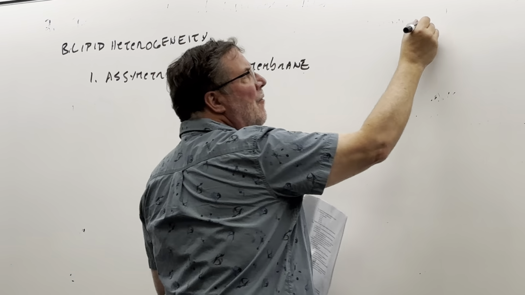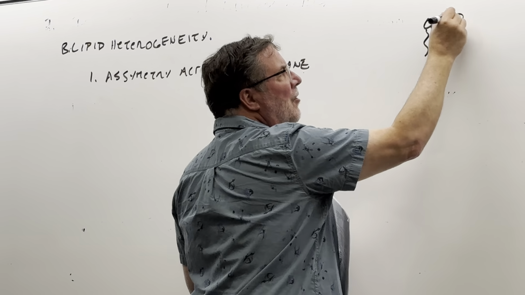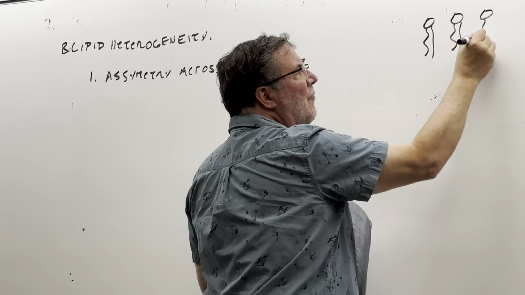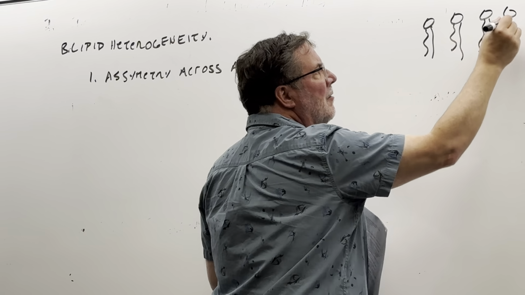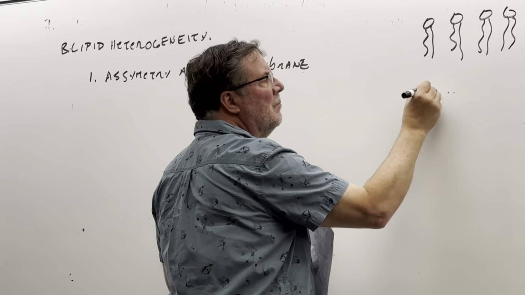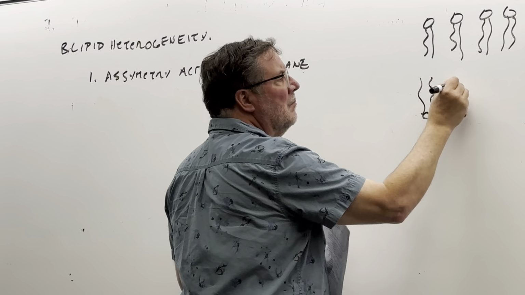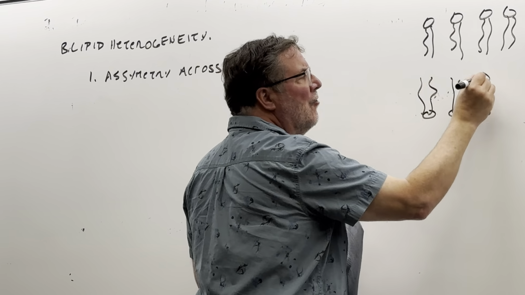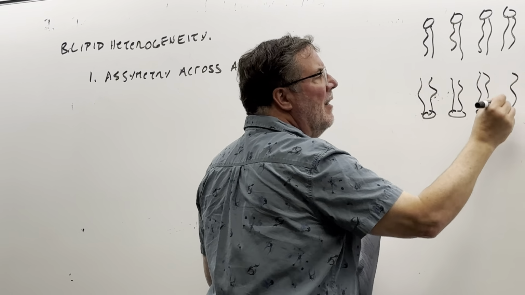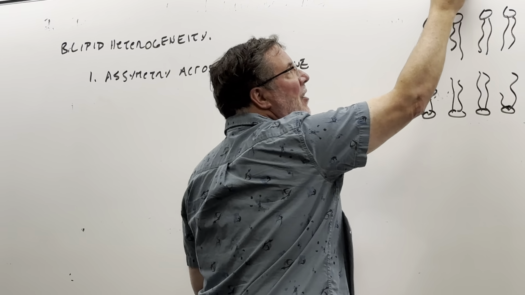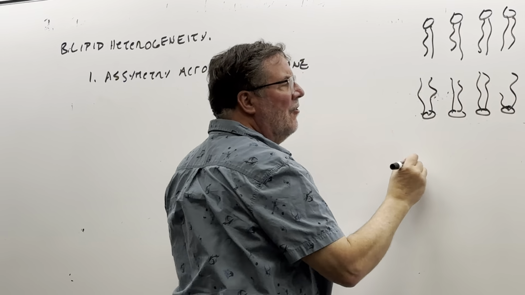If we have the membrane here, I'm going to draw this overly simplified version of a membrane again. This is a plasma membrane, and this is the outside of the cell, and this is the inside here.